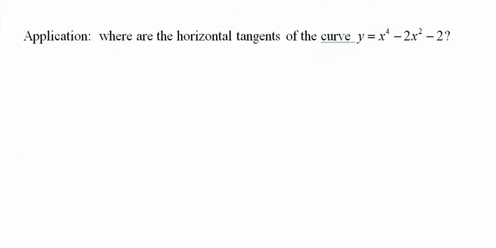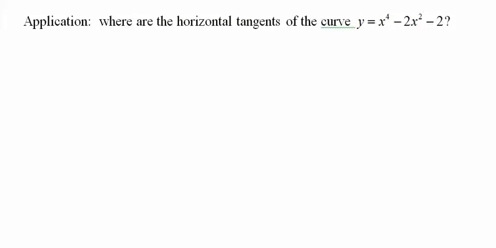So then I can give you problems. Where are the horizontal tangents of the curve y equals x to the fourth minus yada yada? Well, horizontal tangents mean slope is 0. So dy/dx equals 4x to the third minus 4x. Done.